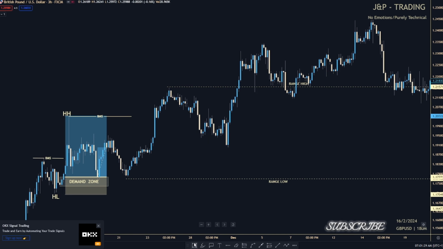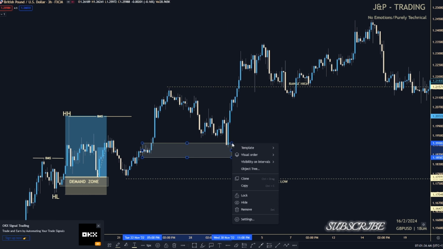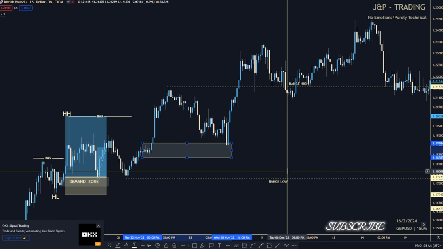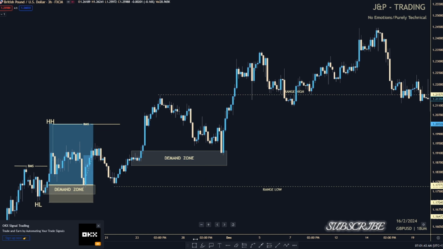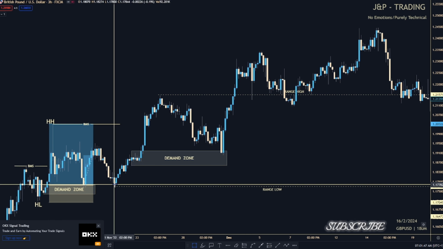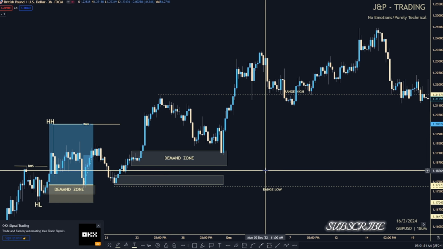That becomes your range structure. And in an uptrend, you are expected that the range low should not be taken, because it is a protected low in the market. You are expected that that range low should not be taken in the market. So now, as you must have identified where you are in the market, you will still have to place your buying point.